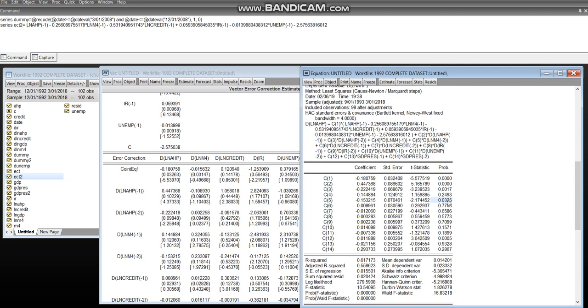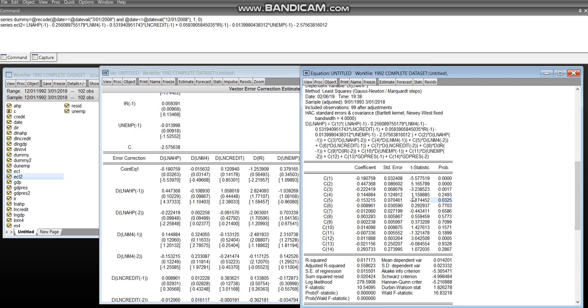And this is in stark contrast to our Granger causality test, where it showed that money supply in general was not significant in the short run in explaining the variations of the average house price.